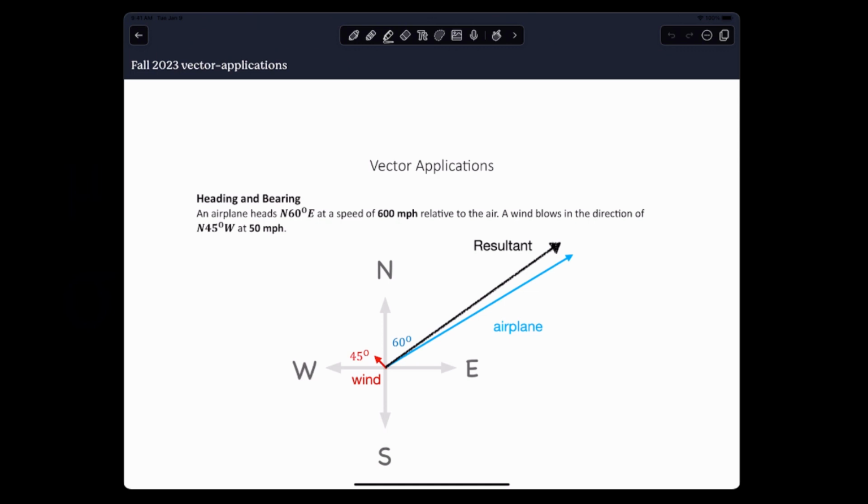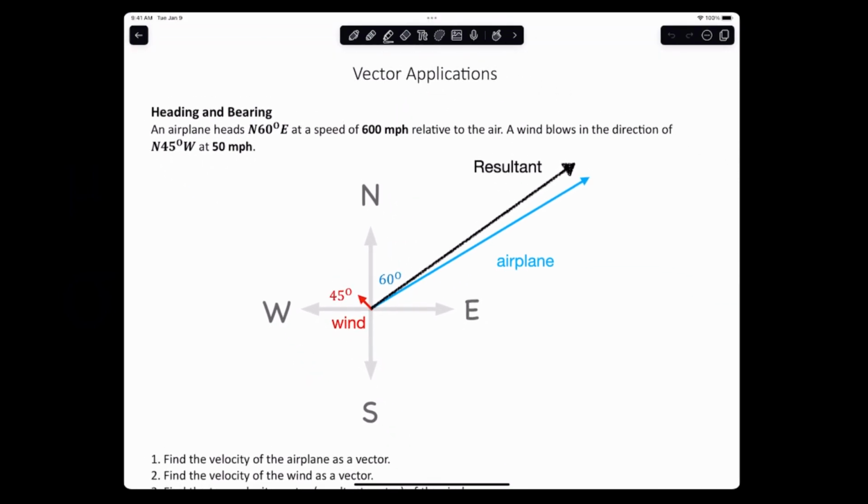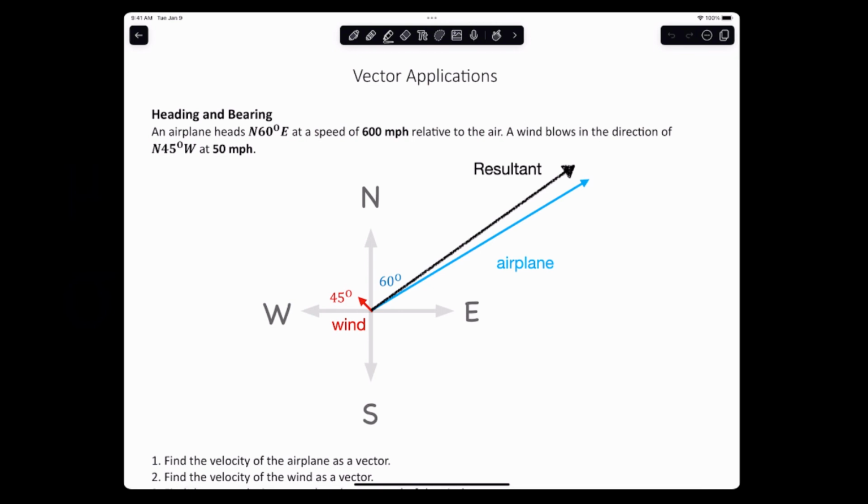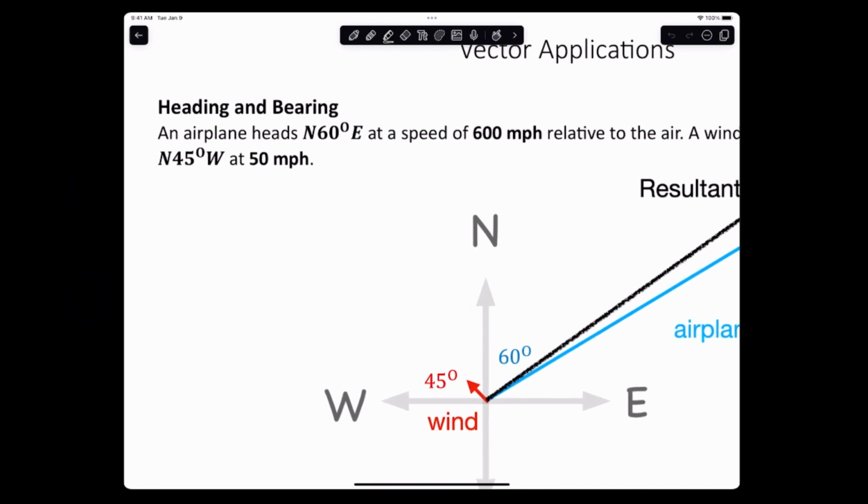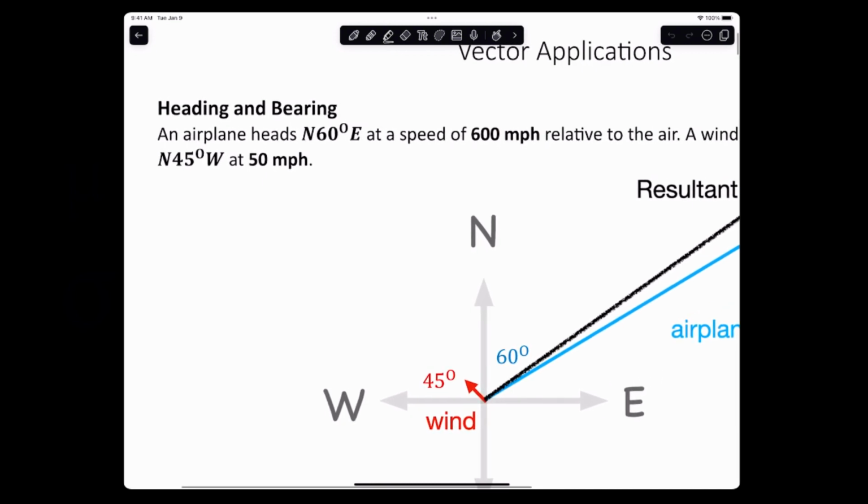One of the most fundamental applications of this comes from the very famous heading and bearing. You might say, what do you mean heading and bearing? Now let's find any potential typos in this worksheet here. So let's read this. You have an airplane that heads north 60 degrees east. This is the direction. Do you guys remember how that worked?